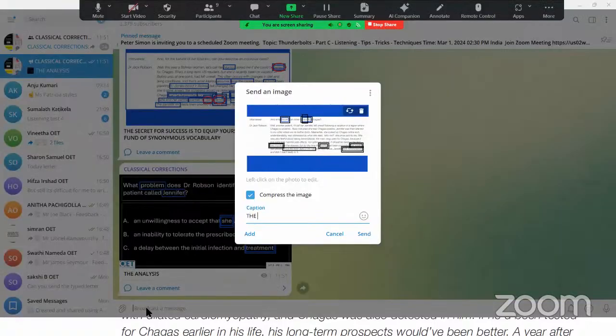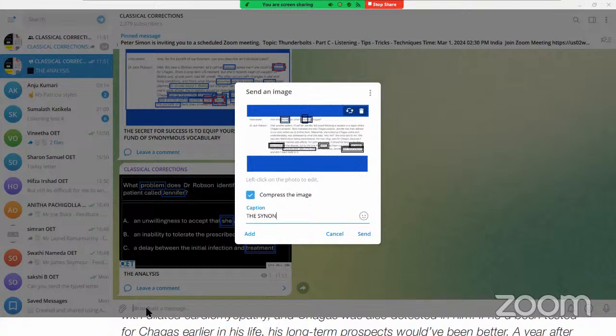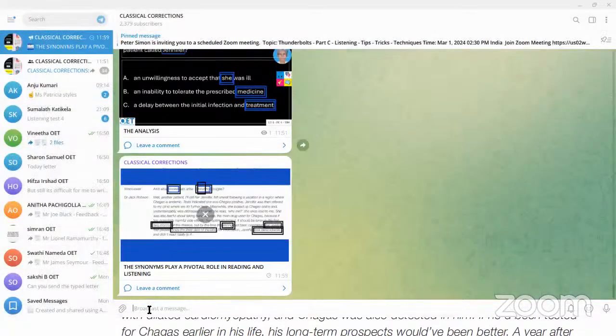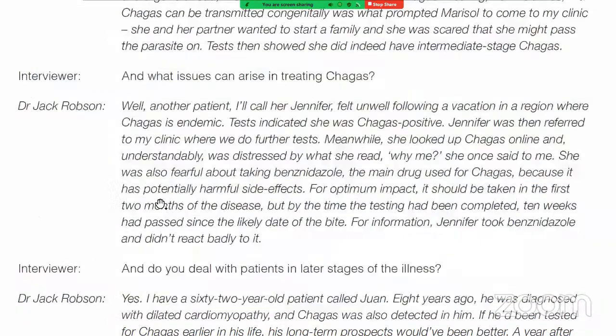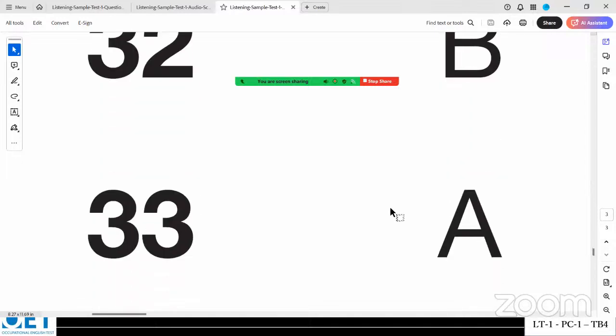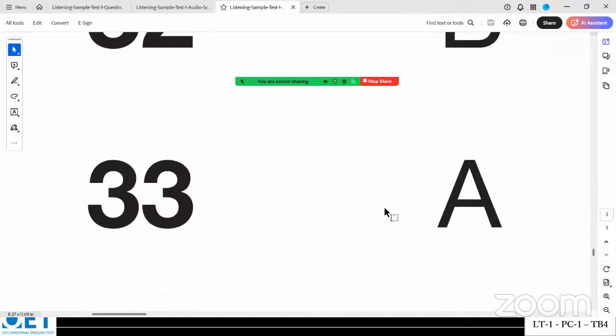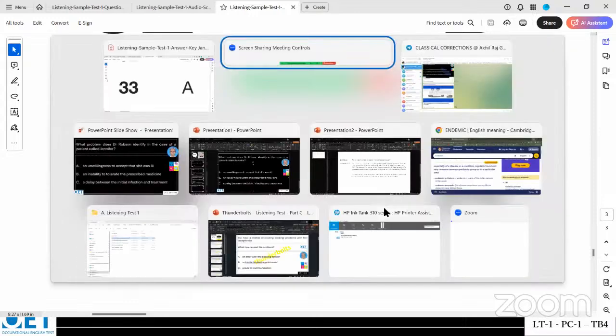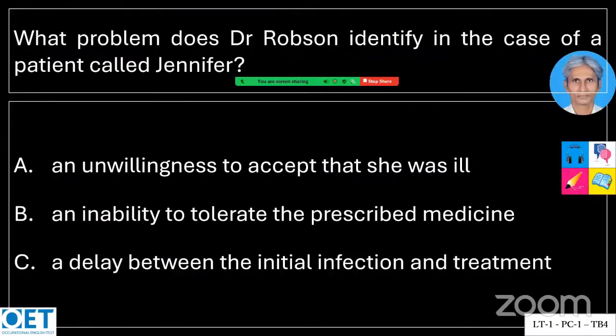Synonyms play a pivotal role in reading and listening. Everywhere this is very, very important. Now let us check the answer to this. 32, 33 is A. And now which question are we doing now? It is 34.